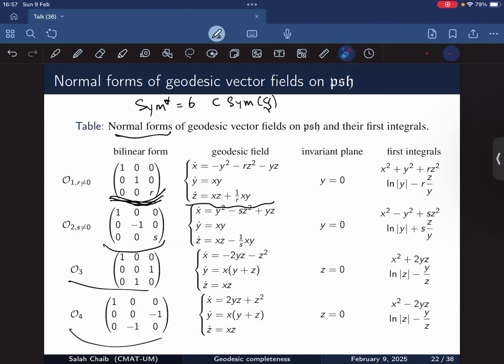In this group, which is not always true, we have for each left-invariant metric an invariant plane. What's the meaning of invariance?